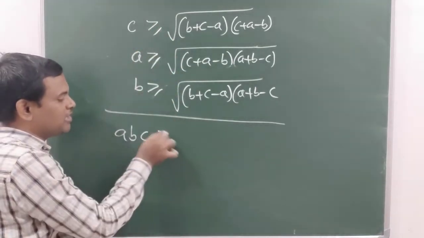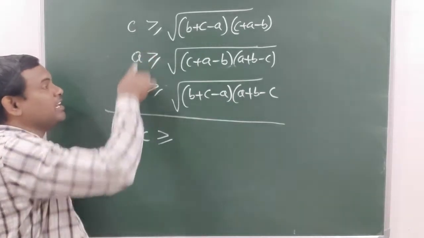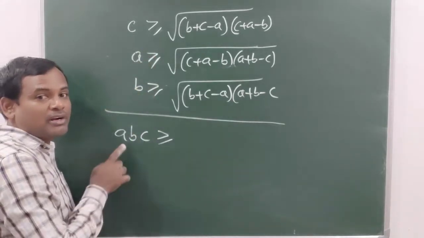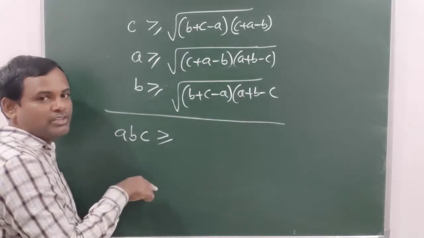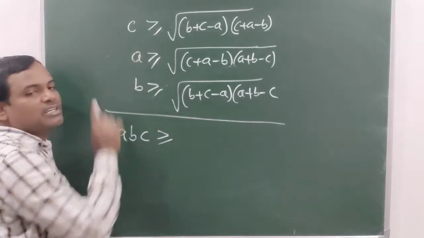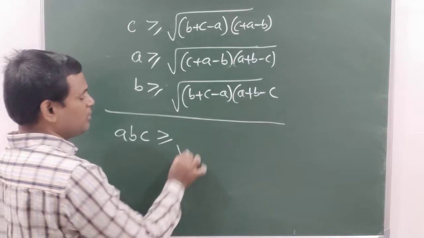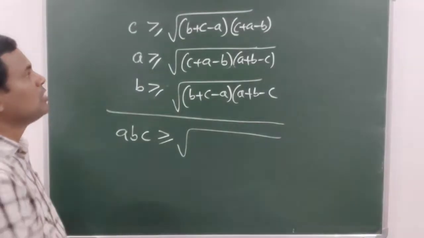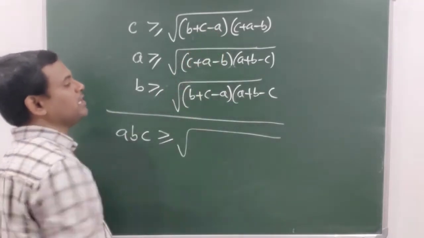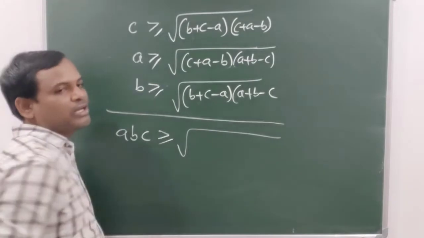It will not affect the greater than or equal to symbol, because we are taking the product of positive quantities. So whenever you take the product of positive quantities, the greater than or equal to symbol will not change, same will come. So here B plus C minus A is getting 2 times, even this one also will get 2 times.